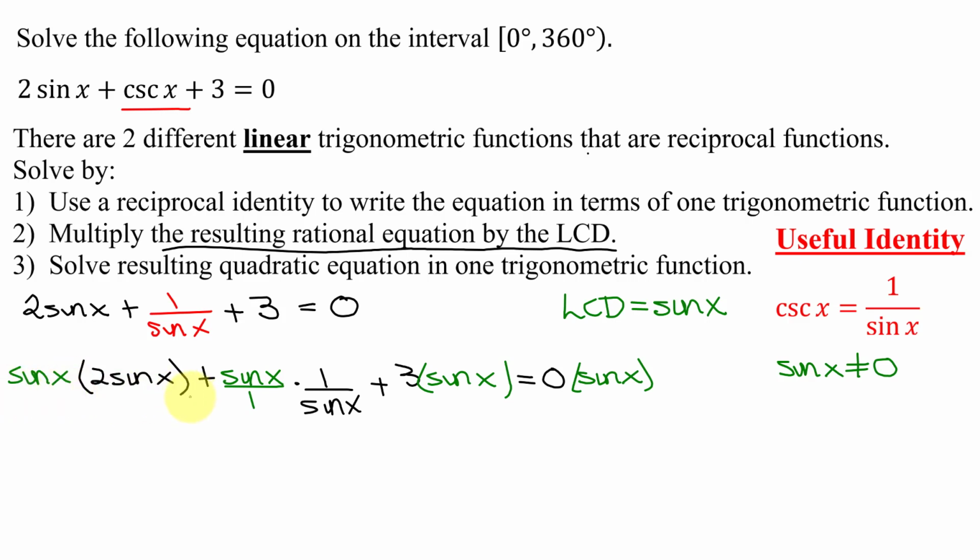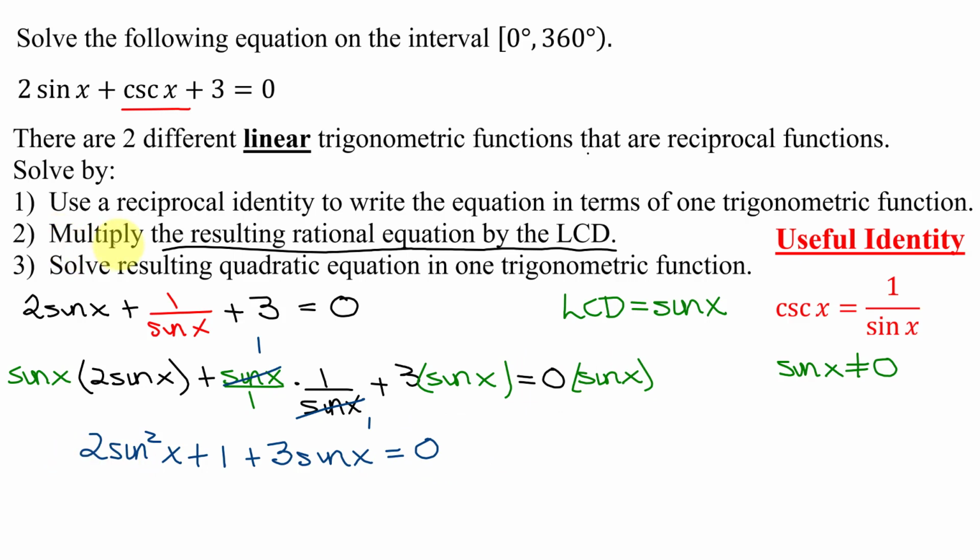So now I'm ready to simplify. On my first term, I have sine x times 2 sine x, which is 2 sine squared x, plus on my second term, the sine of x reduces, I just get left with 1 over 1, which is 1, plus 3 sine x equals 0 times sine x is 0.